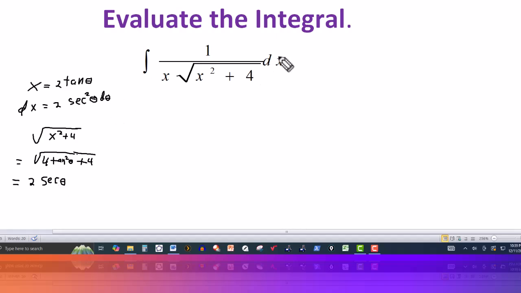So now we come back to this integral and make the substitution. Dx will be 2 secant squared theta. In the denominator, the x, remember, is replaced by 2 tangent of theta.